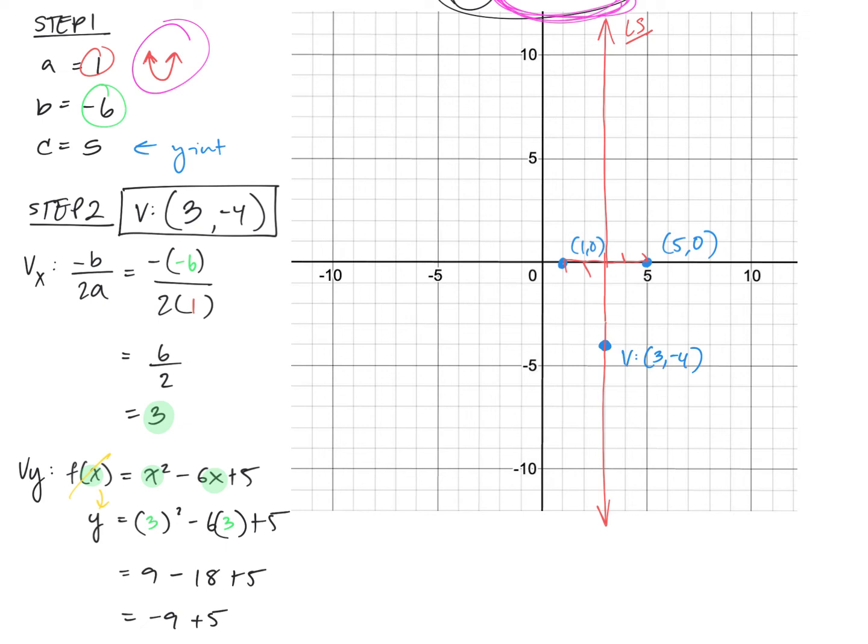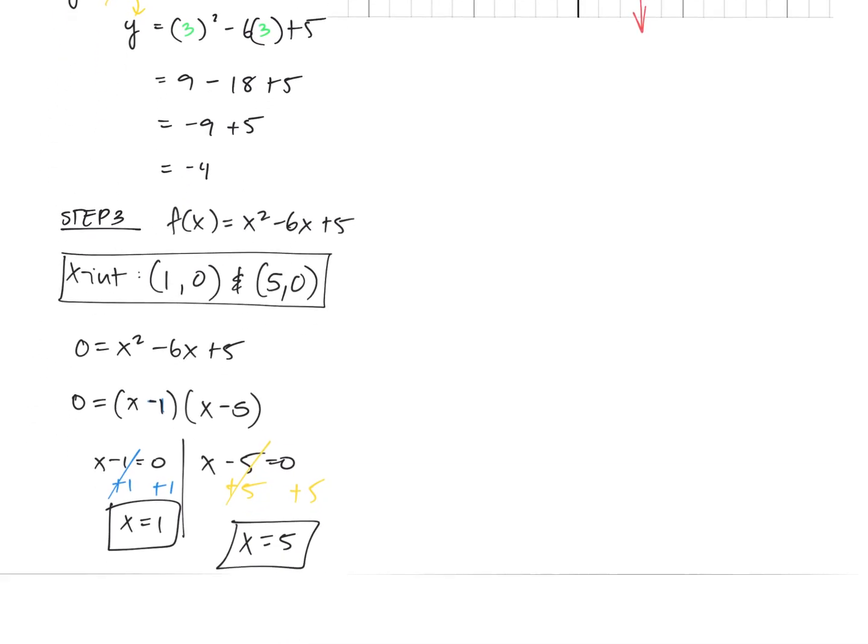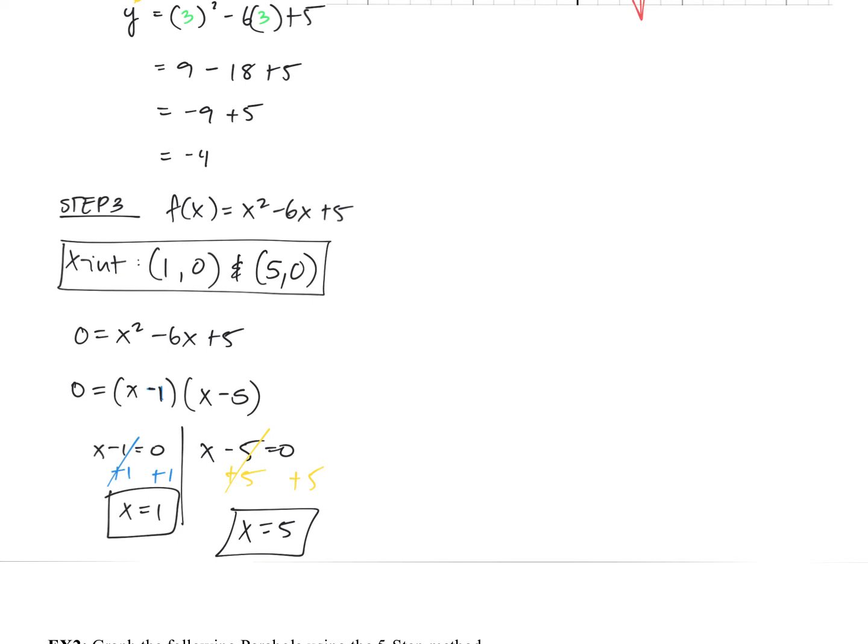Okay, so we found the x-intercepts. What are we missing? The y-intercept. Let's go ahead and find that. So the y-intercept. How do we find y-intercepts? We set x to 0. So f of 0 is going to equal 0 squared minus 6 times 0 plus 5.